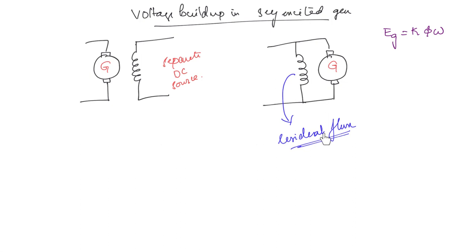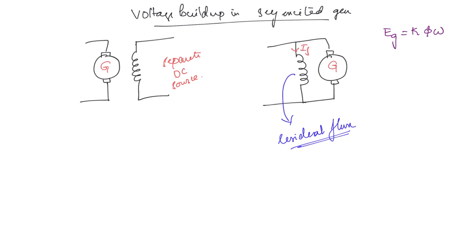Now this residual flux is going to help in generating a small amount of voltage first, okay? When the prime mover is rotated, then with the help of this residual flux, a small generated voltage will be present, and once a generated voltage is available, then the field winding will have a voltage across it, right? And once there is a voltage across it, the field current will start flowing.